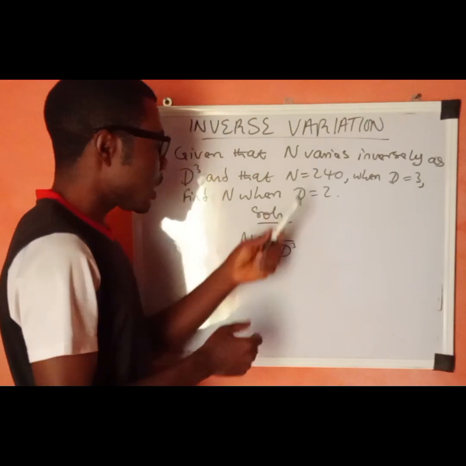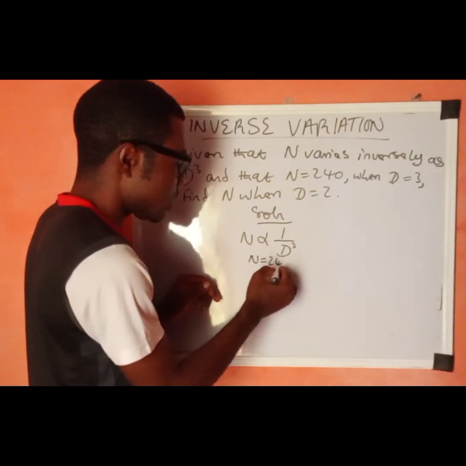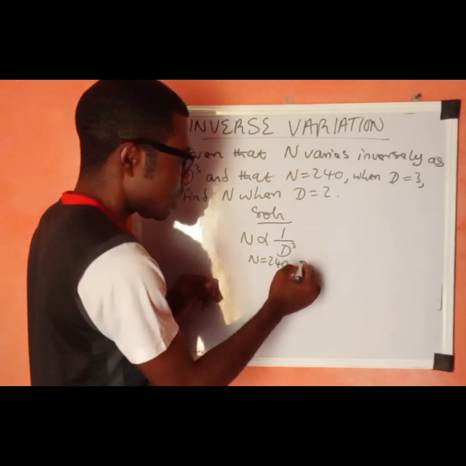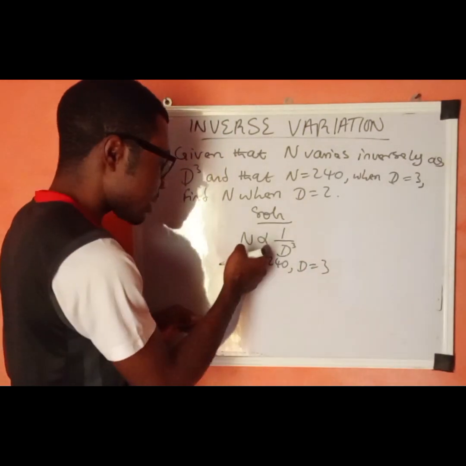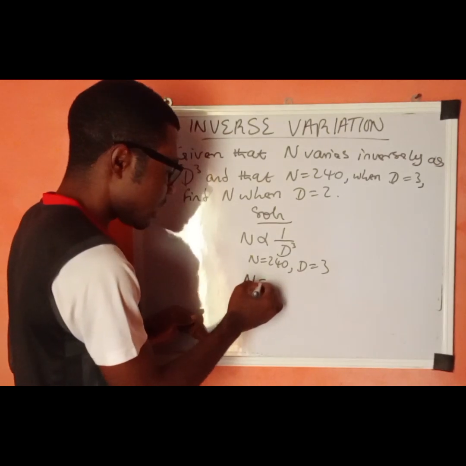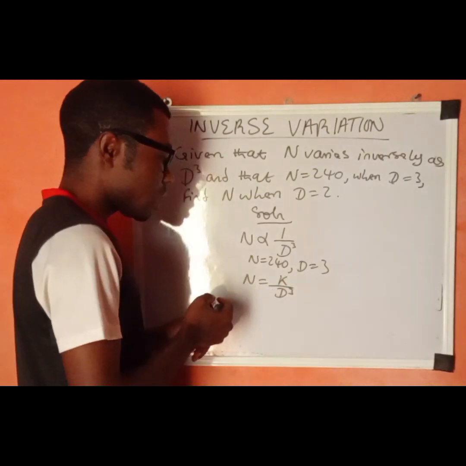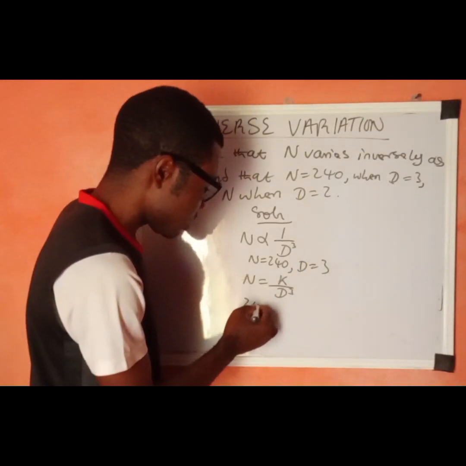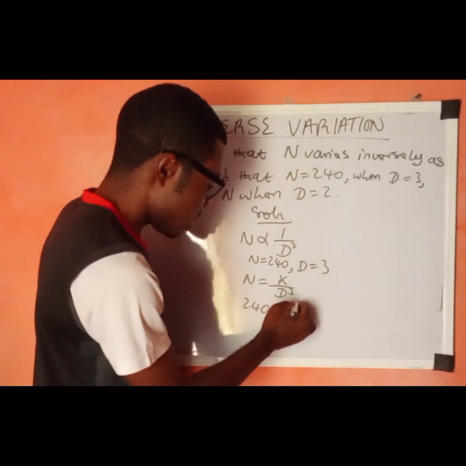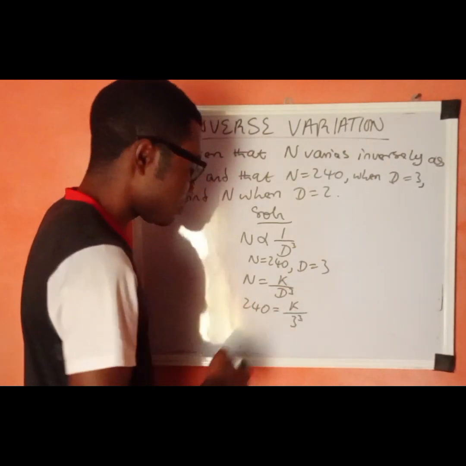When n is 240, d is 3. We use this to solve and get our k. So I said you change this to an equality sign and introduce a constant all over d cube. Then you substitute. n is 240 equals k all over d cube. d is 3, so you have 3 cube.